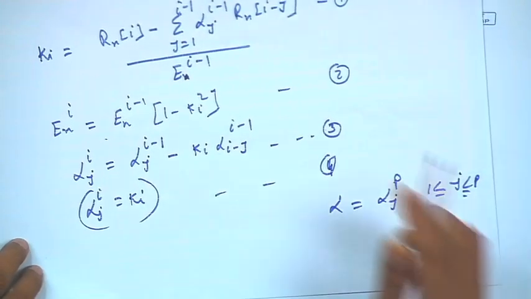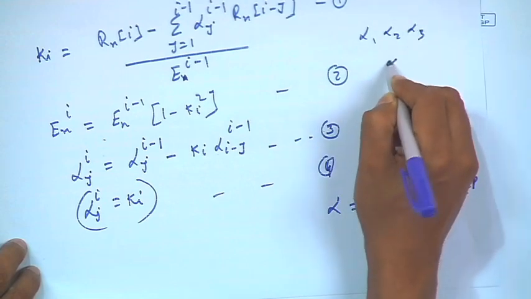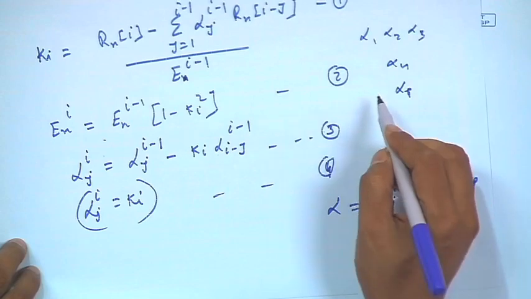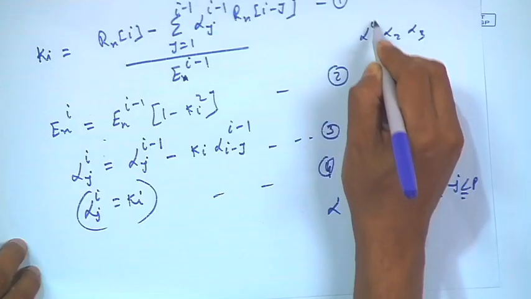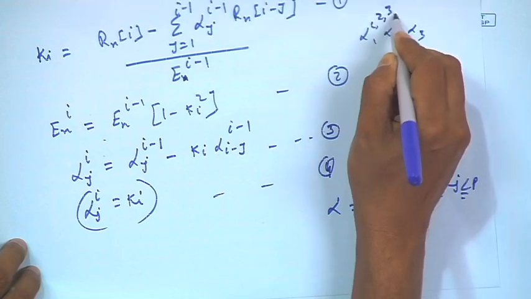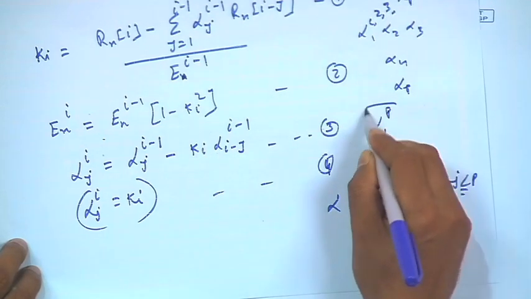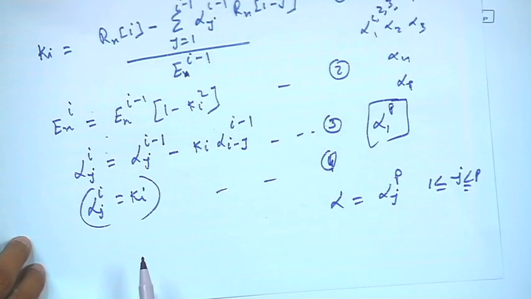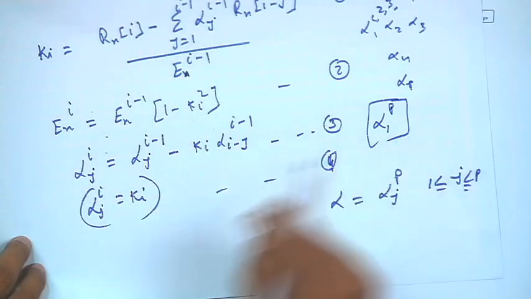What I want is a set of alphas, alpha 1, alpha 2, alpha 3, alpha 4, up to alpha p, but that set can be extracted iteratively: alpha 1 1, alpha 1 2, alpha 1 3 to alpha 1 p. So, alpha 1 p is my final answer. Using these 4 equations, I can do this. How can I do it?